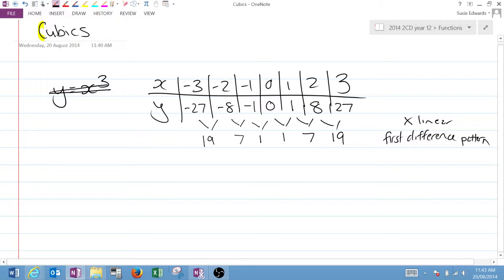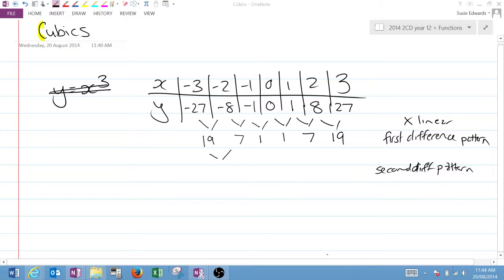We first check linear. How do we check if something's quadratic? How do we know if something's quadratic? It has a second difference pattern, which means if I then look at the first difference pattern, is there a similar number each time here? So, 19 to 7. How did I get from 19 to 7?